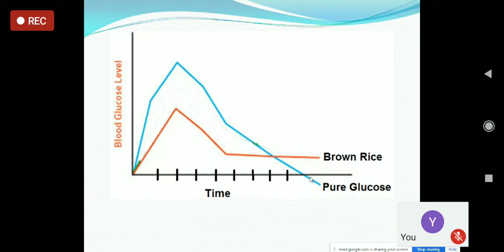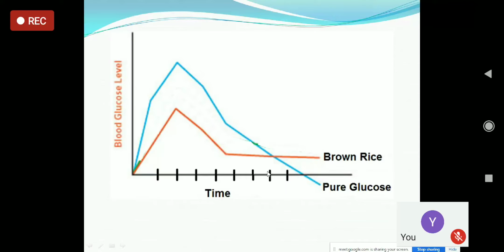For the next 2 hours, you draw blood at regular intervals, maybe every 15 minutes, measure the blood glucose level, and plot it to make this graph.